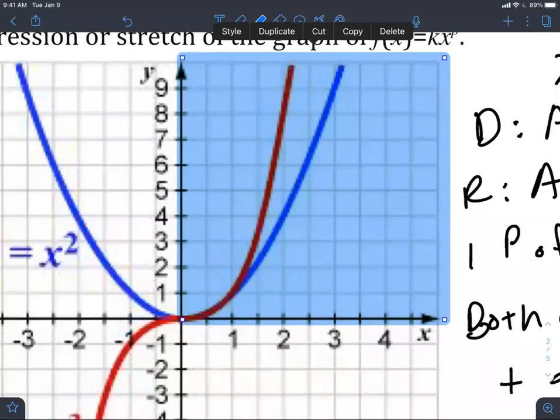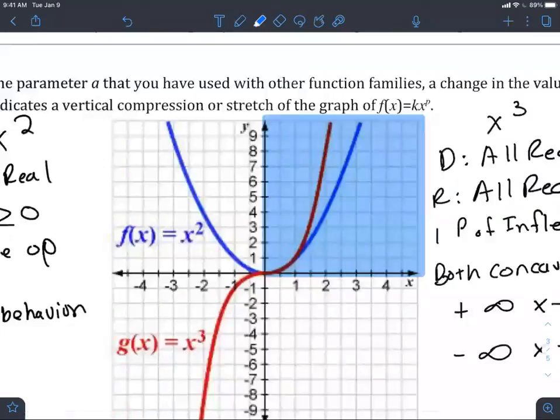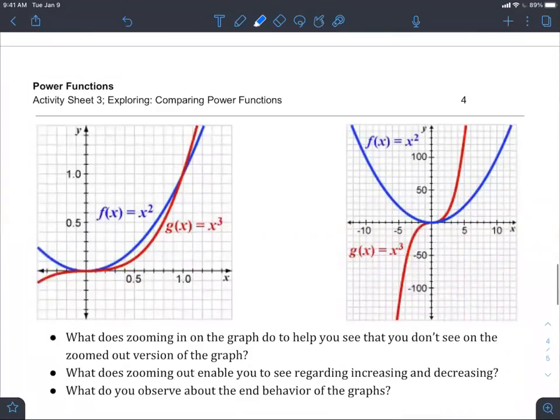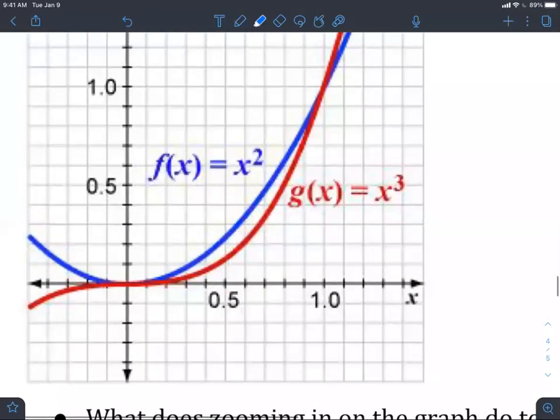As x increases, the outputs are increasing. And at first glance, the cubic graph is definitely increasing faster than the squared graph, which gets really interesting when you zoom in really close.